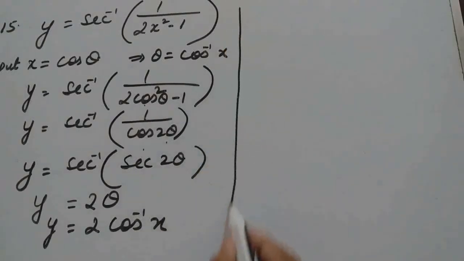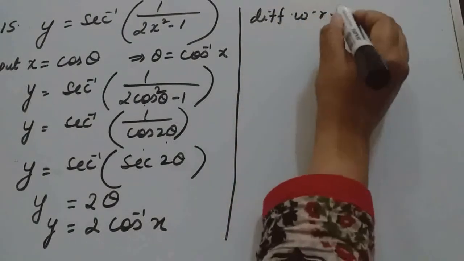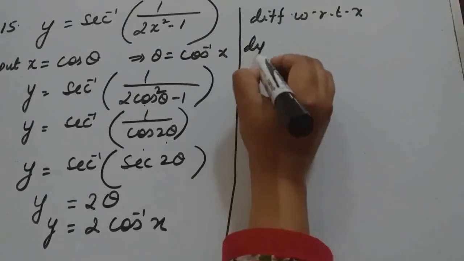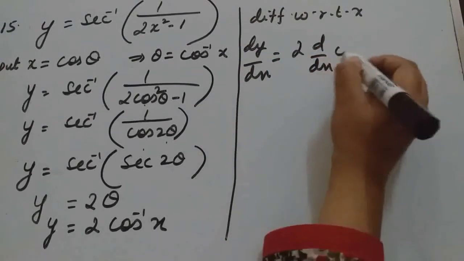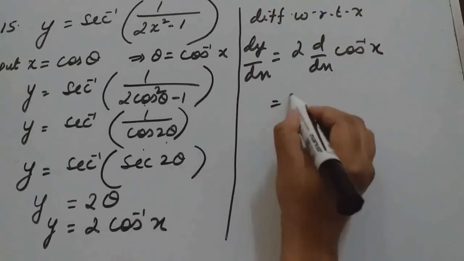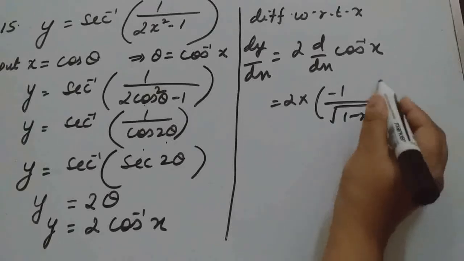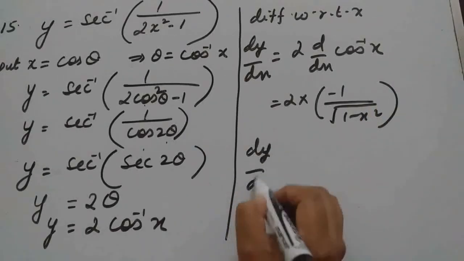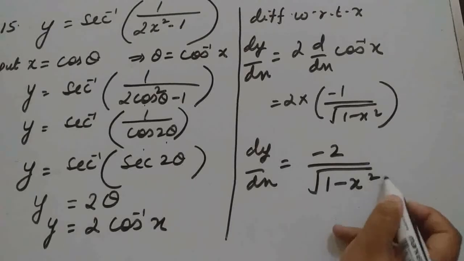Now we can differentiate with respect to x. So dy by dx will be 2 times d by dx of cos inverse x, which is minus 1 by under root 1 minus x square. So minus 2 by under root 1 minus x square.